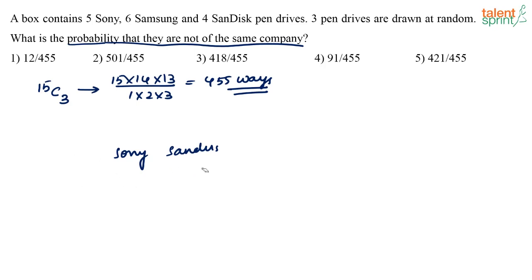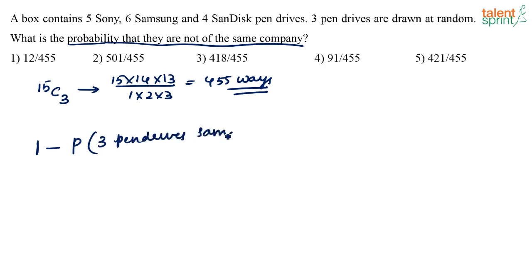That means all the 3 pen drives should not belong to the same company. So in how many ways can I do it? You find out 1 minus the probability that all the 3 pen drives belong to the same company. This will give you the probability that they are not in the same company.